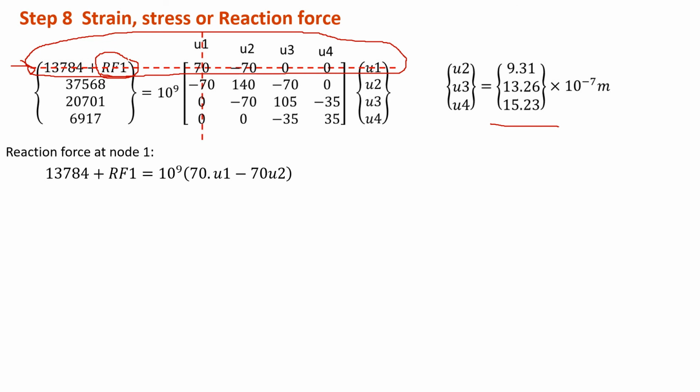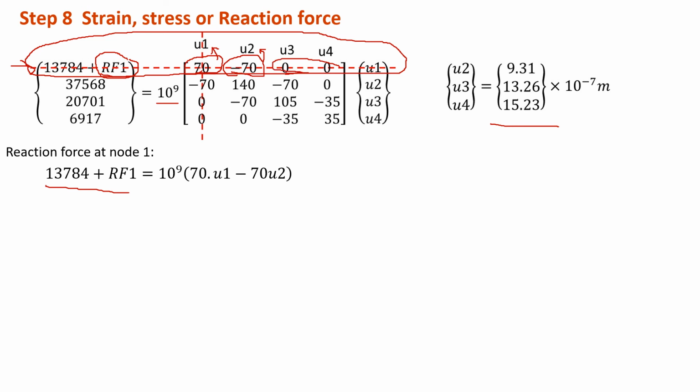By referring to this row, we have this value on the left side, and on the right side we have 10 to the power 9 times 70 times U1, minus 70 times U2, and the rest is 0.